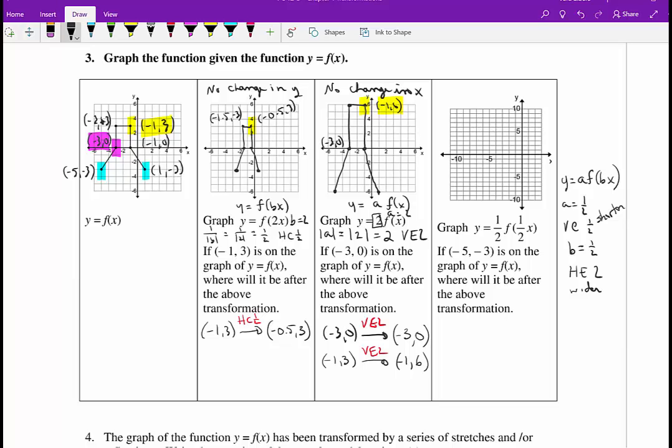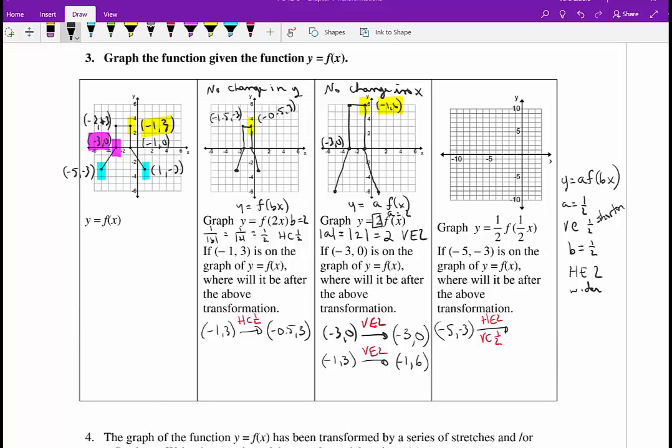Okay. All right, the point that we're going to transform is -5 and -3. And we are going to apply both the horizontal expansion of 2, which gets applied only to the x-coordinate, and a vertical compression of 1/2, which gets applied only to the y-coordinate. Okay?